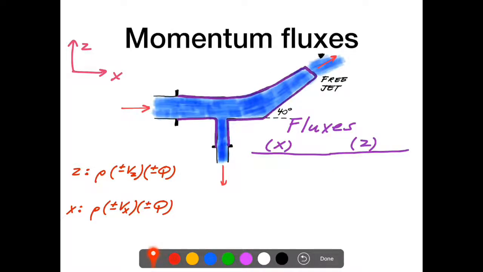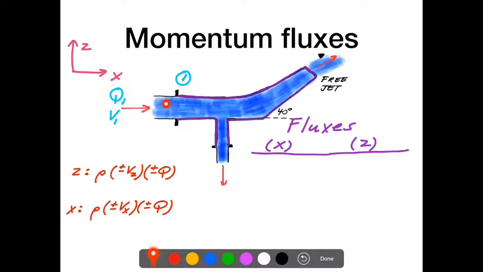Okay, so I'm going to make a chart again here with columns for the fluxes in the x direction and the z direction, and those would be the x and the z as I've got here. So let's do the cross-section number 1. All of the action in this case is in the x direction.